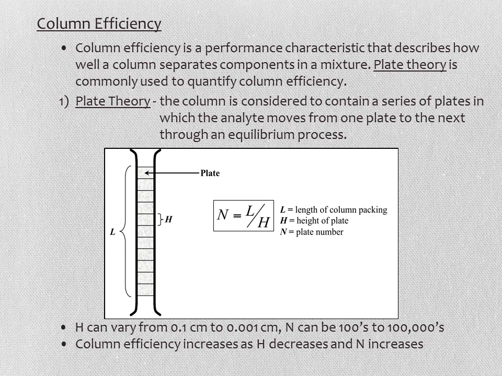So, if we have a column that has a certain length, L, then it'll have a certain number, N, of plates, and each of those plates will have a certain height. These numbers can be really, really small for plate height, 0.1 to 0.001 centimeters, and the number of plates on a column can be really huge. If you want an efficient column, you want a large number of small plates.